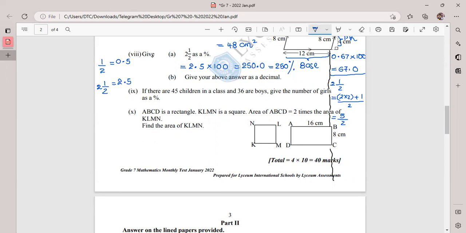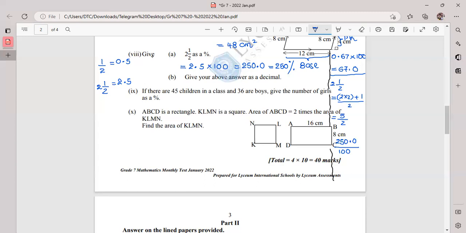Give your above answer as a decimal. 2.5 as a percentage, so then give your above answer, 250. How do you convert it into that? You can write it as 250 over 100. Why? 250% means 250 per 100, so you can write it like this.